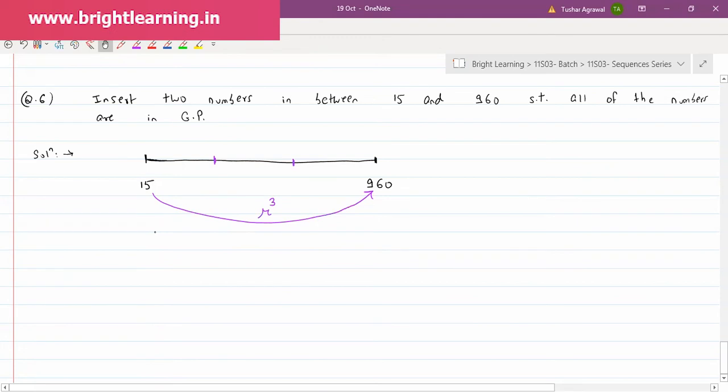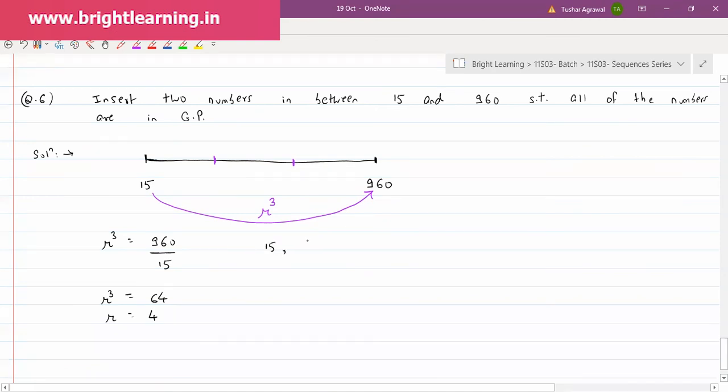So r cube equals 960 upon 15. So r cube is equal to 64, so r is equal to 4. So what are the terms? The first term is 15.